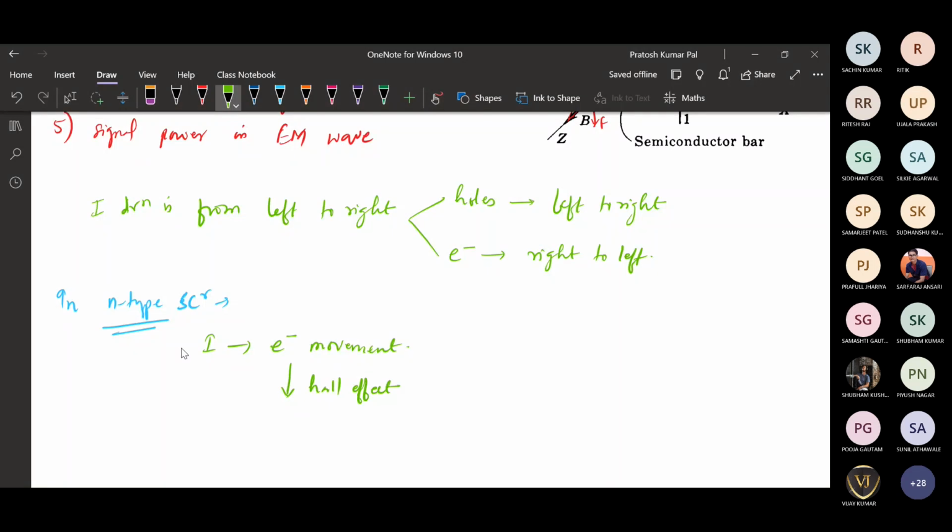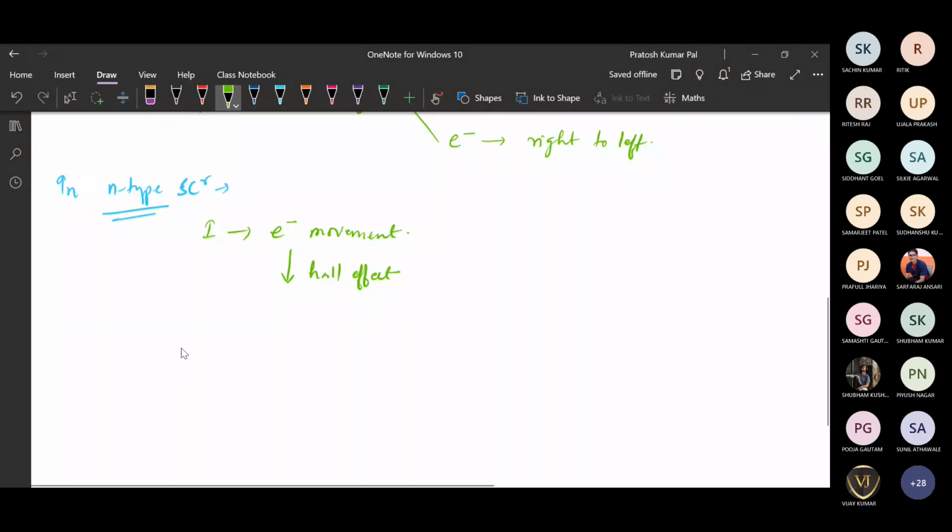Because of the Hall effect, it will be experiencing a force, so the electrons will be accumulated at surface 1.